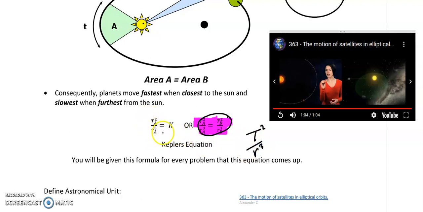Any ratio of any orbiting body will get you Kepler's constant, and you can compare that with any other orbiting body. So we can call this body A, we can call this body B. But as I mentioned, we're going to give you this formula every time a problem comes up with this equation.